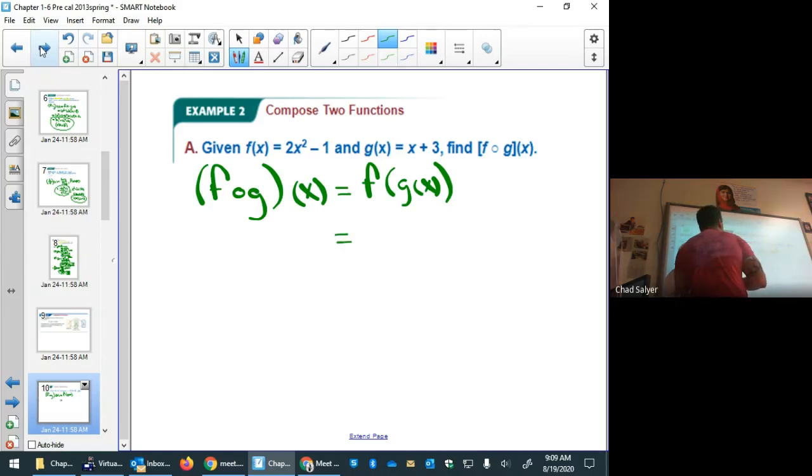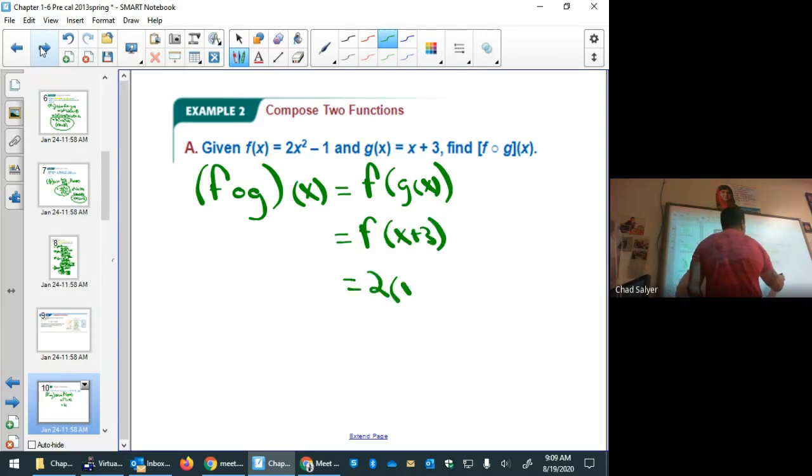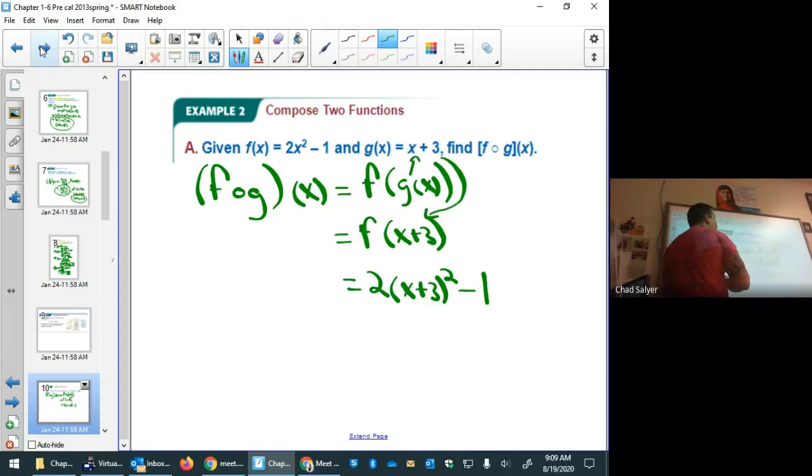So that's going to be f of x plus 3, which is going to be 2 times x plus 3 squared minus 1. So I found the expression that g of x was equal to, plugged it into f, and then everywhere there was an x in f, I replaced it with x plus 3.